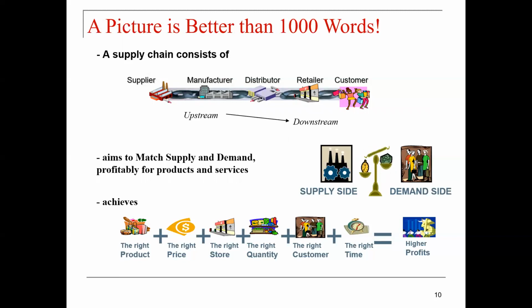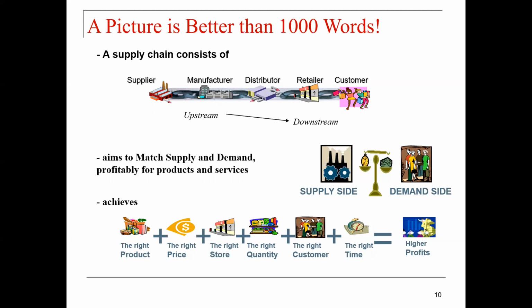Supply chain, again, aims to match supply and demand by generating some profit for products and services. So it's a matter of understanding what the customers require at the stores, and then trying to match that demand with the supply.